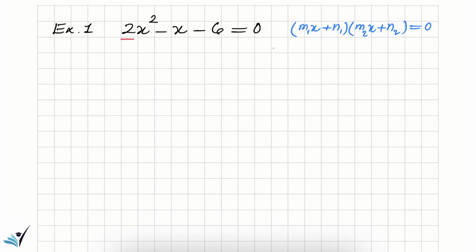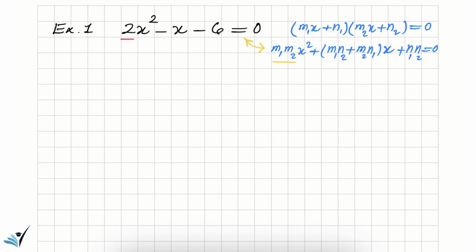So the answer would be m1 times m2 x squared plus (m1 times n2 plus m2 times n1) times x plus n1 times n2 equals 0.